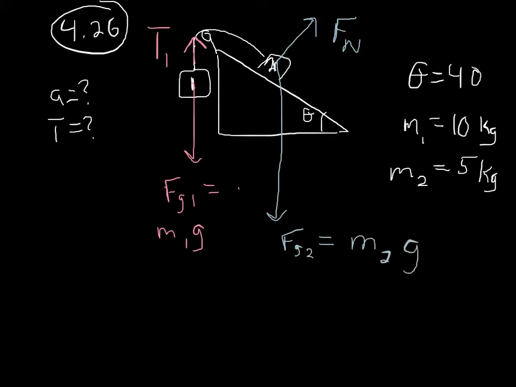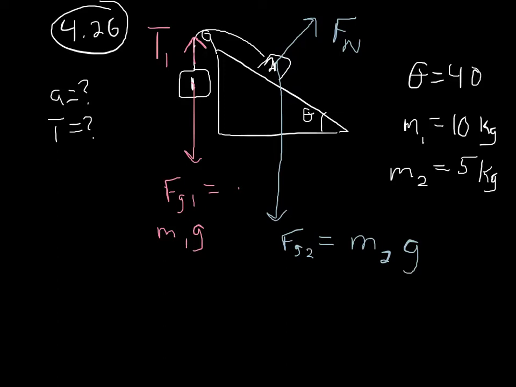Any other forces? Force of friction. Does it mention friction here? It says we have a 5 kilogram crate on a smooth incline of angle 40 degrees. When they say smooth, that means no friction. If there is friction, then they will give you a coefficient of friction, like problem 49. We'll come back to that. So no friction.